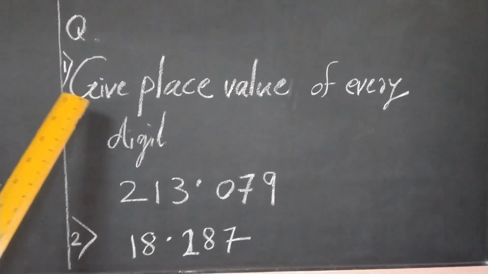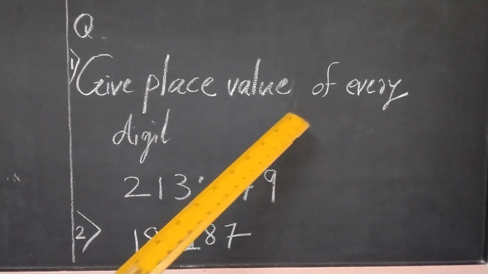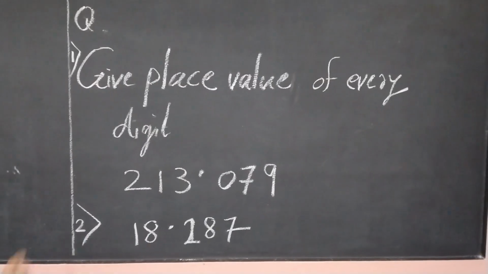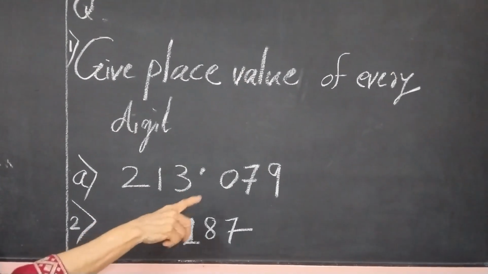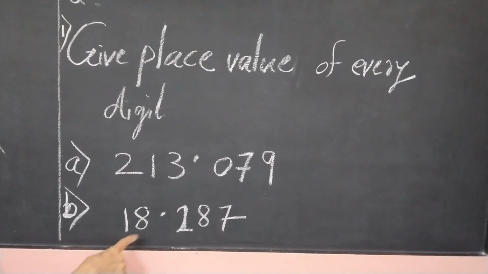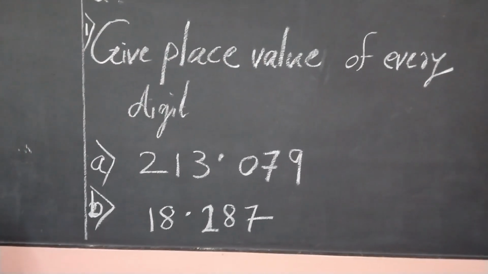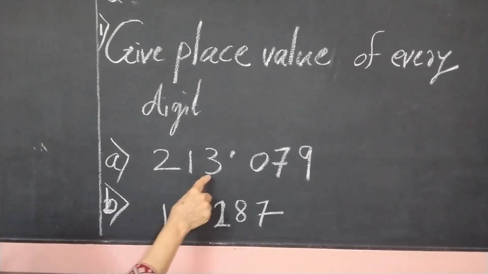Now the question can be asked in the following manner. Give the place value of every digit. The first one is 213.07 and the second one is 18.287. Let's take the case of the first one, 213.